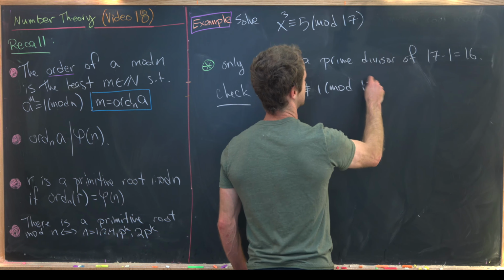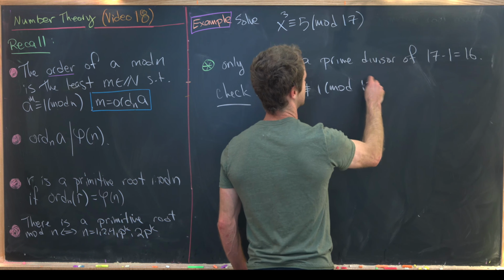Now let's check 3. We'll check 3 to the 16 over 2, which is 3 to the 8. Let's see what we get for that. Again, we'll do a trick. This is 3 to the 3 times 3 to the 3 times 3 squared. Notice that 3 to the 3 is equal to 27, so we have 27 times 27 times 9.